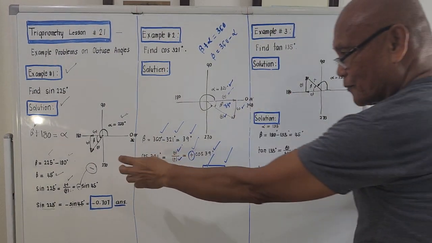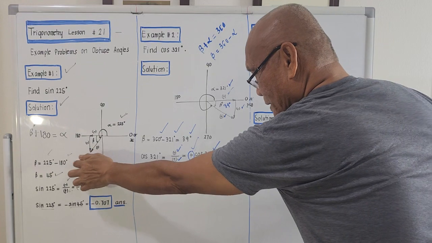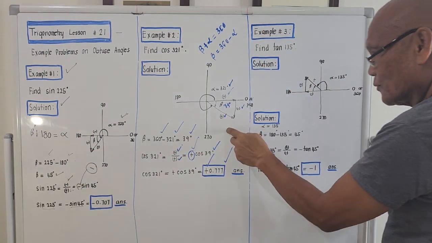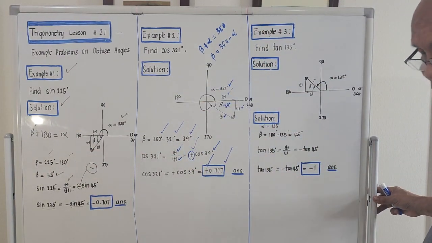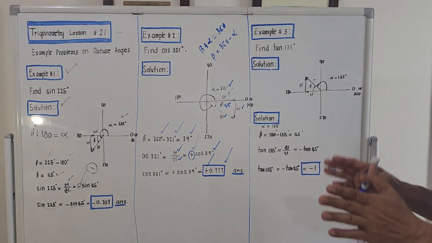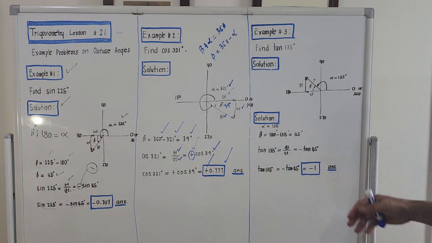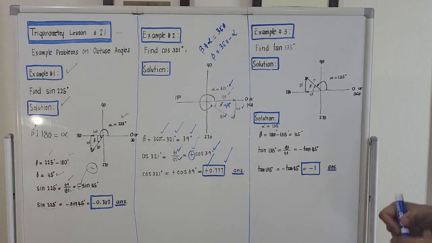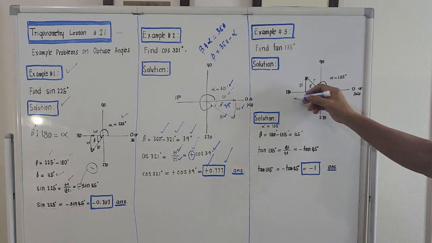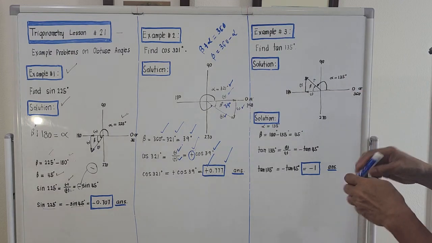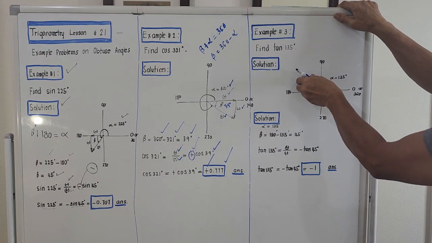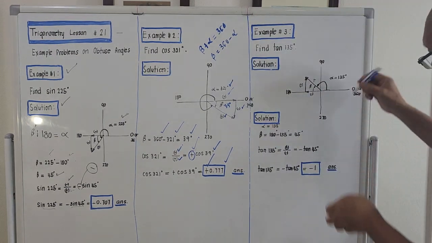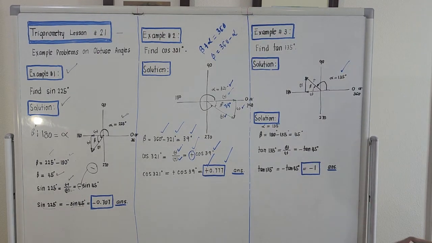Okay, example number 3. So we got an example problem under quadrant number 3. This is quadrant number 4. Let's try to bring out an angle that falls under the second quadrant. Find the tangent of 135 degrees. If we try to bring out the graph, 135 is this one. And the value alpha is 135 degrees.